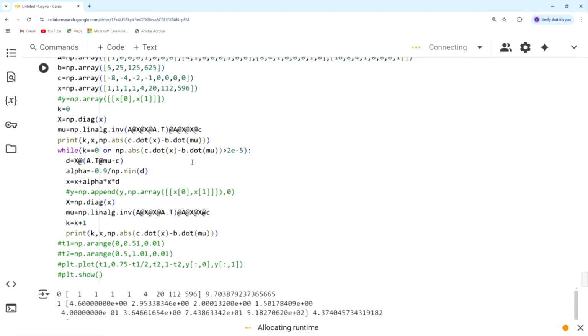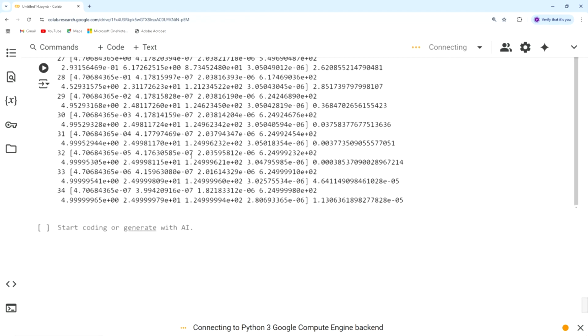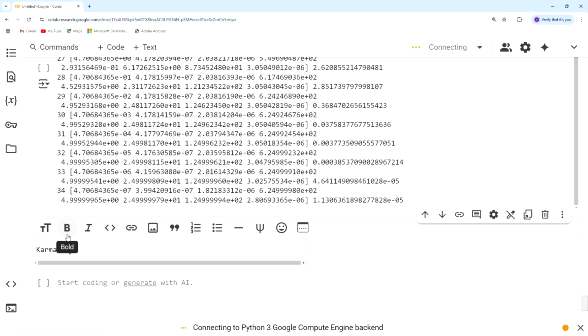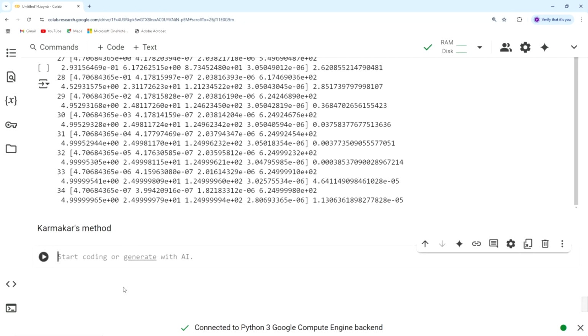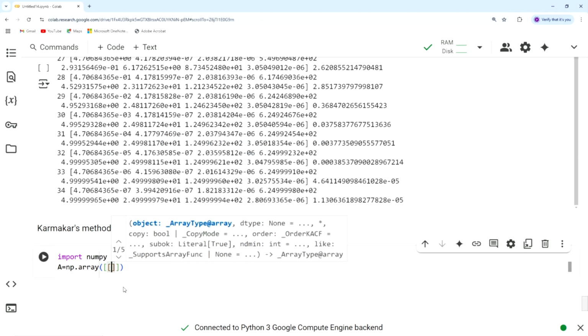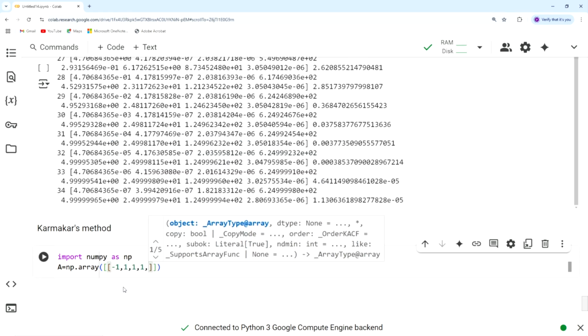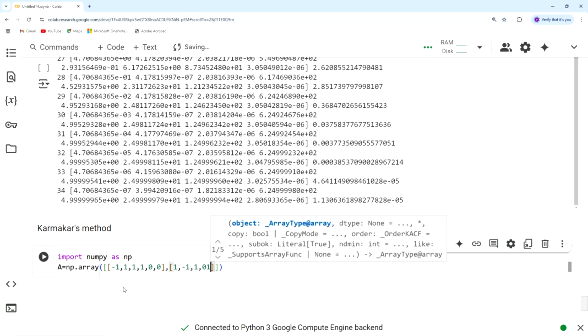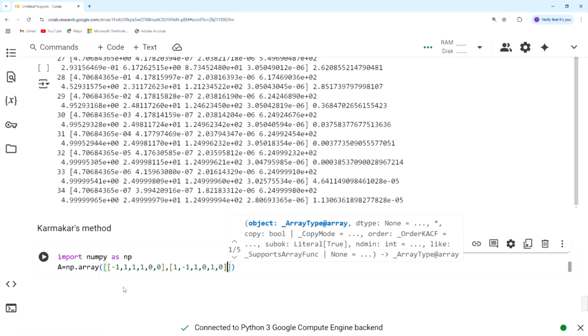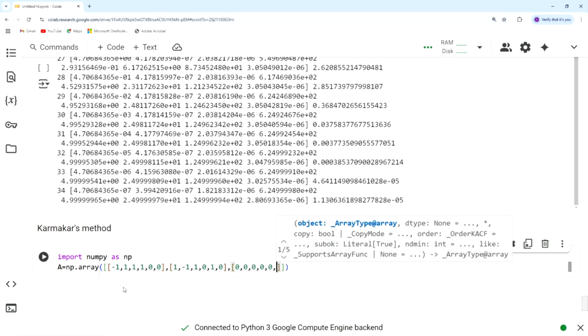So this is the affine scaling method. Let us start with Karmarkar's method. We start by importing numpy, and A is the 3 cross 6 matrix which I just wrote down: minus 1 1 1 1 0 0, and 1 minus 1 1 0 1 0, and the last row is 5 zeros and a 1.